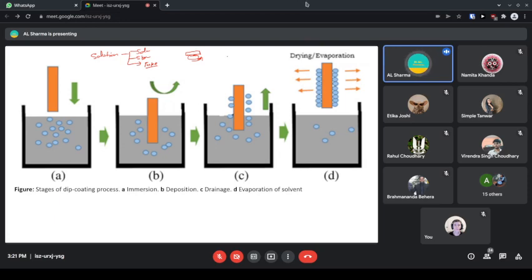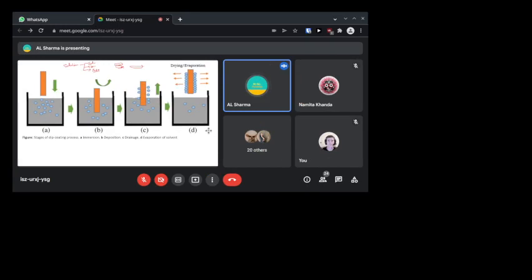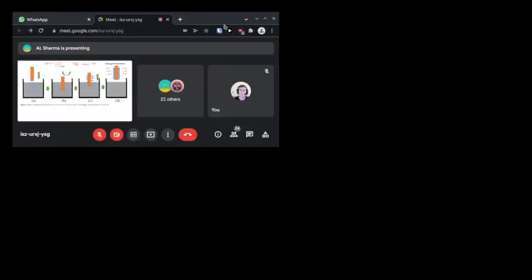Whereas in solution cast techniques, you put it into petri dishes, and on the slide it forms a thin layer. Whereas in tape casting, you use the doctor blade, moving from one end to the other, and you form a controlled thickness film here.